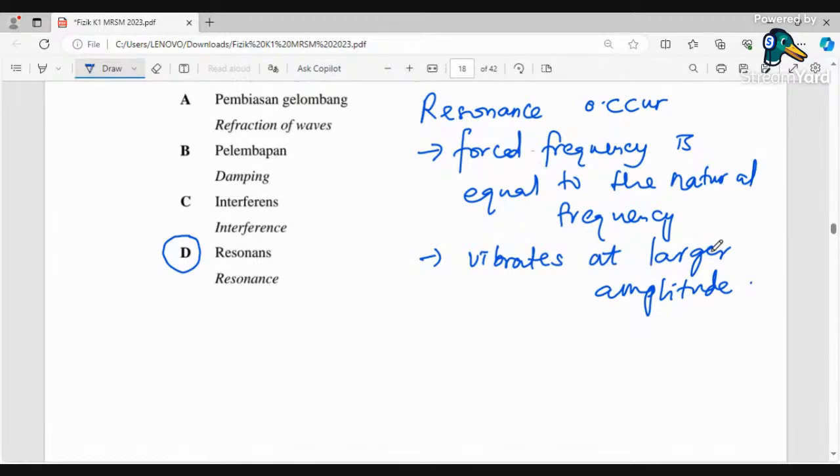The system vibrate at very large amplitude atau maximum amplitude. Okay, so bila maximum, dia boleh release itself from the bond between the molecule, so dia akan pecah lah. Okay, gelas tu akan pecah.